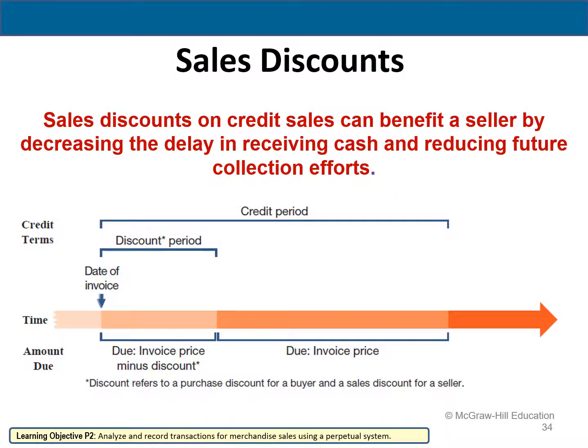So just like there's purchase discounts for us as the company or the merchandiser, just as we get discounts from our suppliers, we also offer sales discounts to our customers in the same manner. Sales discounts, we're basically incentivizing them to pay us sooner than the 30-day credit period we extended them, right?